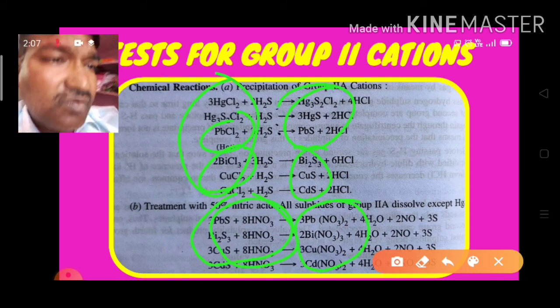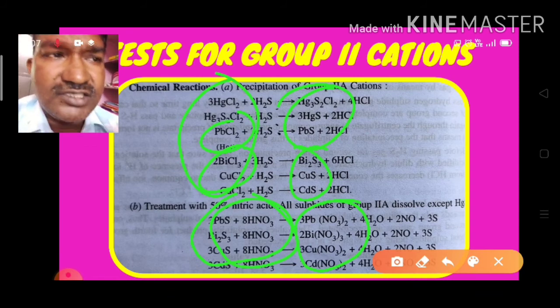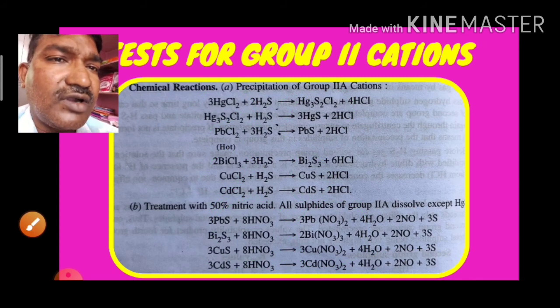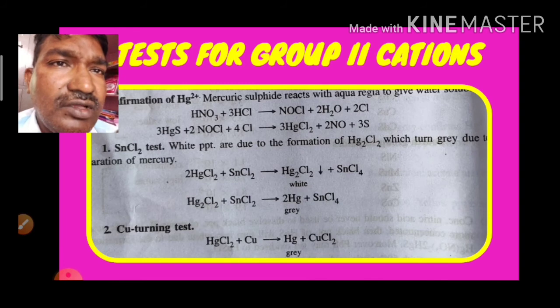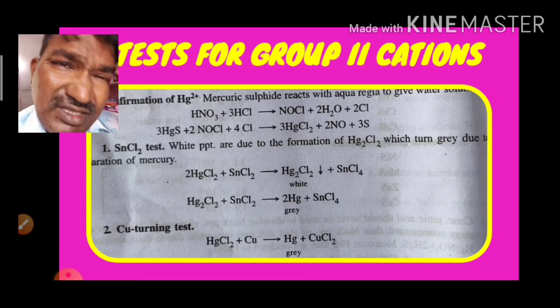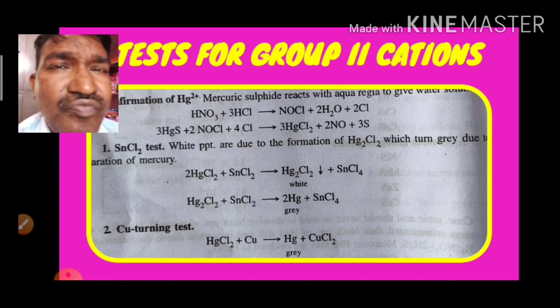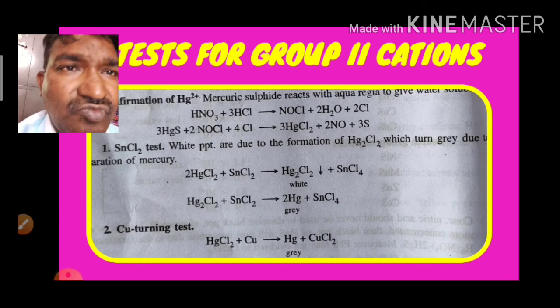Here we have to remember one point, that almost all nitrates are soluble in water. So that's why the sulfides are converted into the nitrates. This clear solution obtained by dissolving in nitric acid is taken for the confirmation tests.